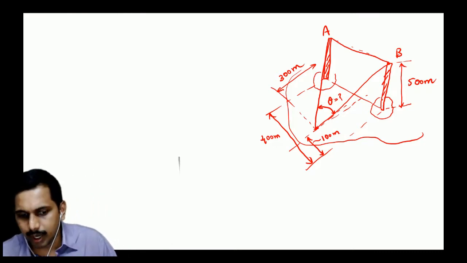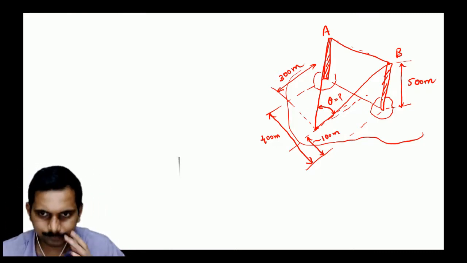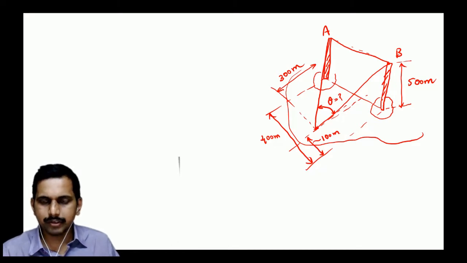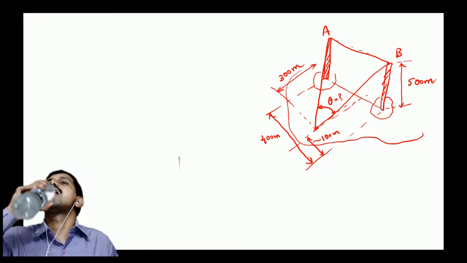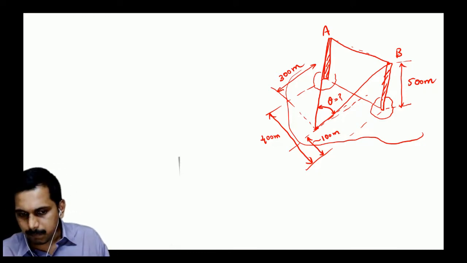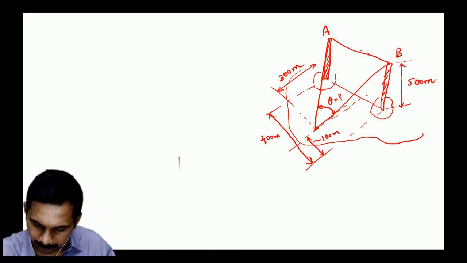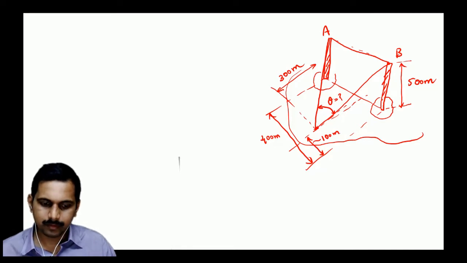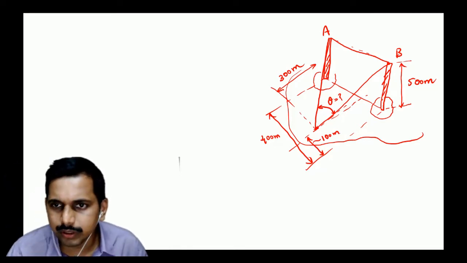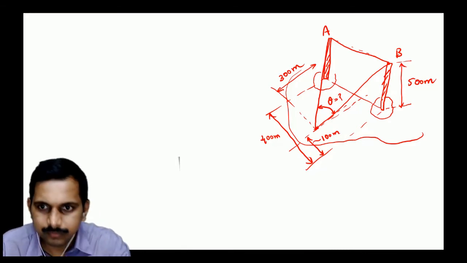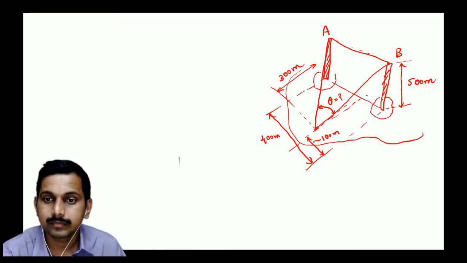First tell me how will you do that? Because if you know the way to do it, then you can go forward. Please talk, students. First derive a vector equation for the two wires.